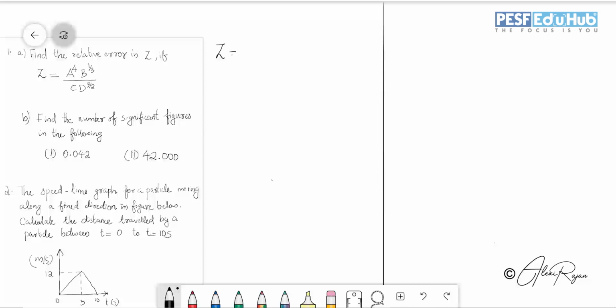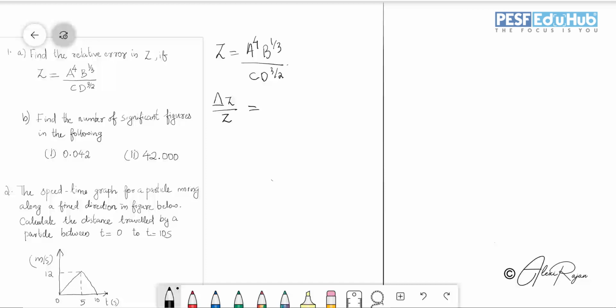If you have an equation like a raised to 4 b raised to 1 by 3 the whole divided by c d raised to 3 by 2, you want to find delta z by z, right?